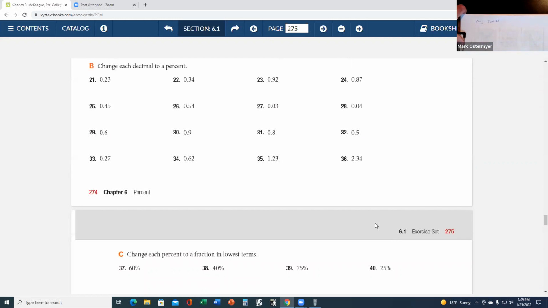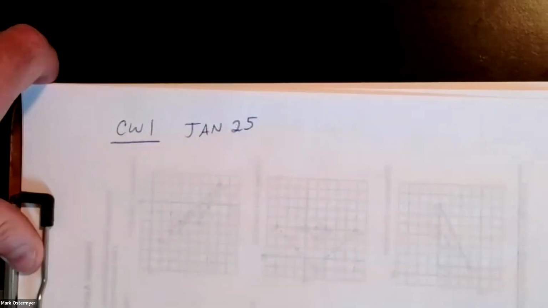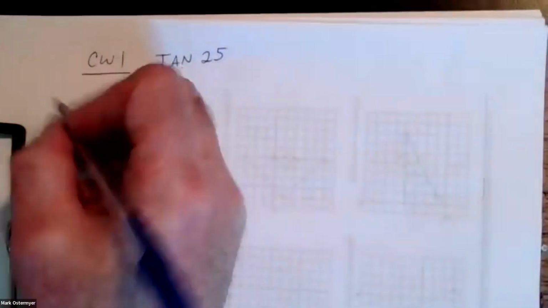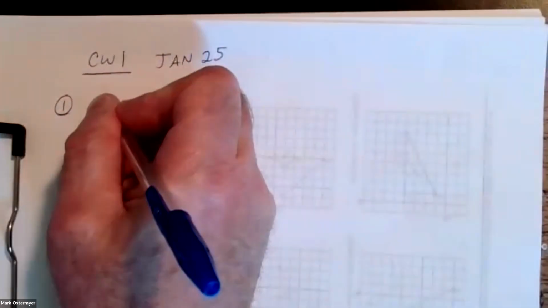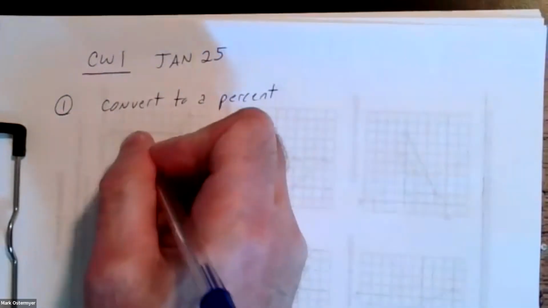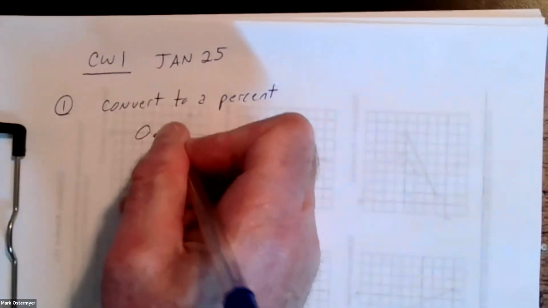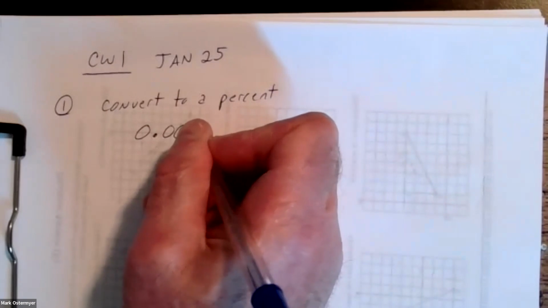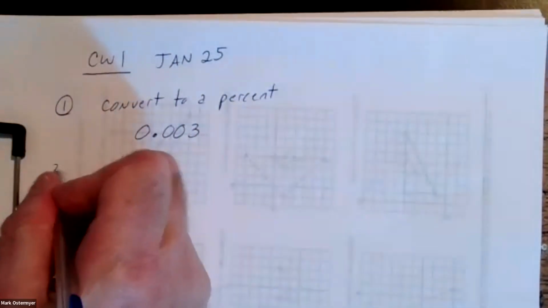So I'll give you a couple problems to do for classwork number 1. Here they are. Problem number 1, I want you to convert to a percent this decimal. Convert that to a percent.